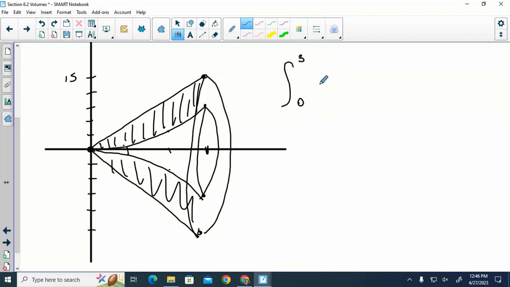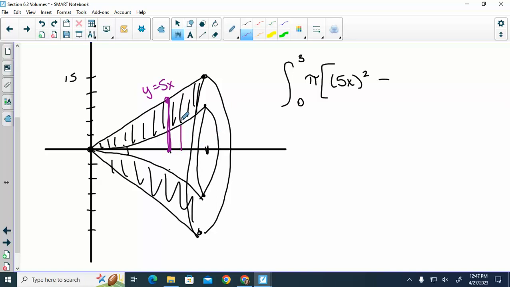Okay. These were circles when you looked at the cross section, right? Every circle is pi r squared. So when we do this, we keep the pi out. And we do the outside minus the inside. So the outside circle, so think the radius would go from here all the way up. And that was the line y equals 5x. So my outside circle would have a radius of 5x squared minus the inside circle.